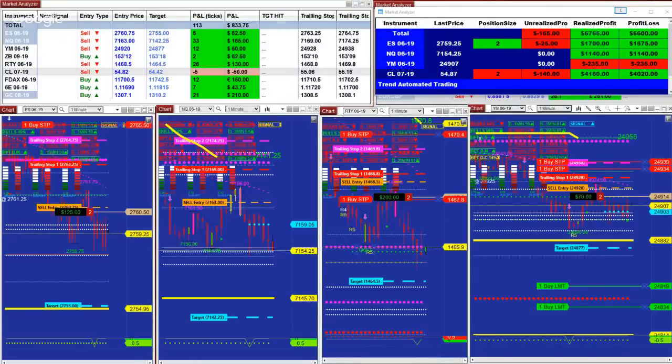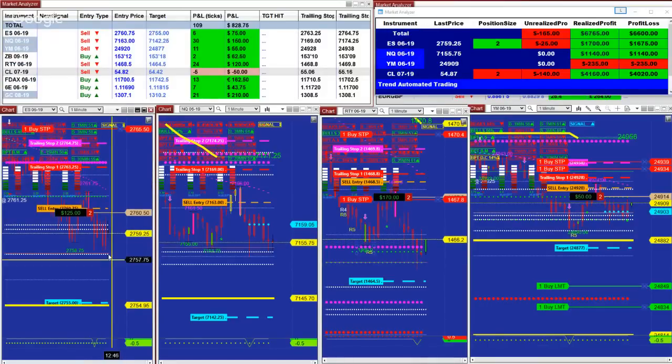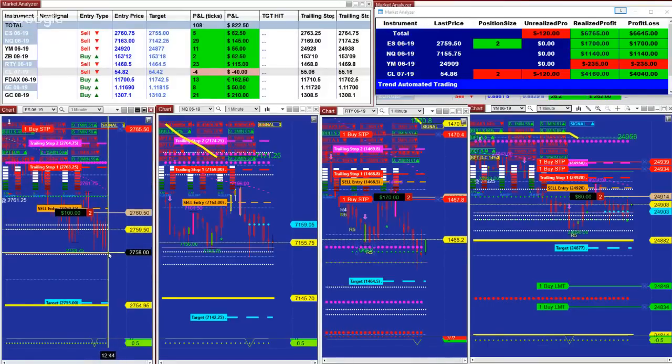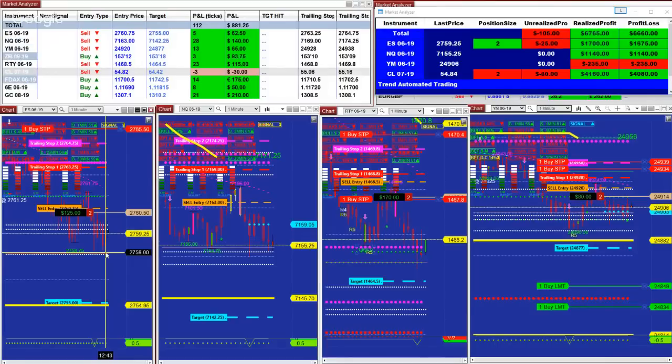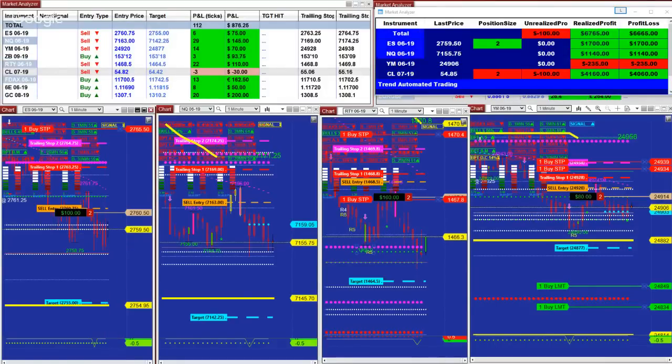This is the one, two, three, four, the fifth time the ES is trying to break that level at 58. So I'm really getting bored with it. Let's see what will happen.